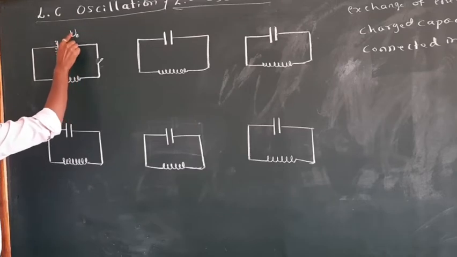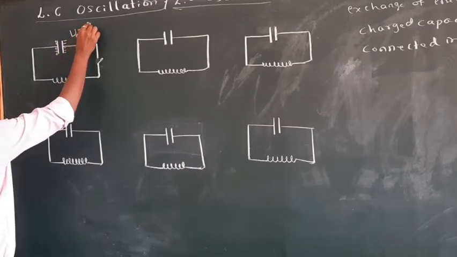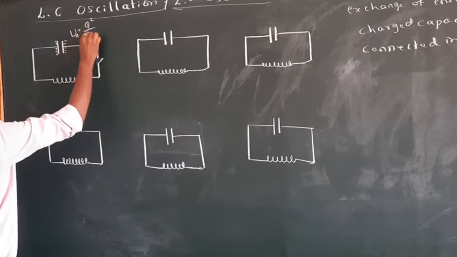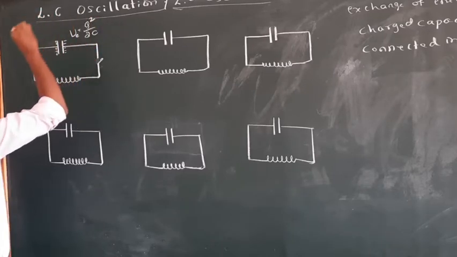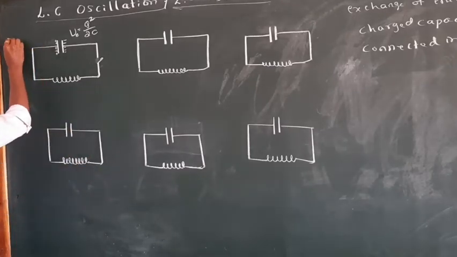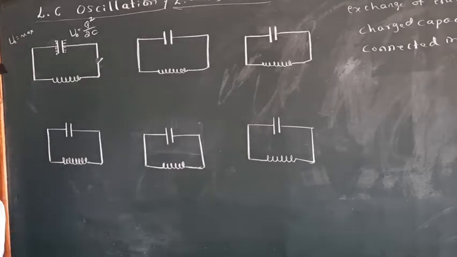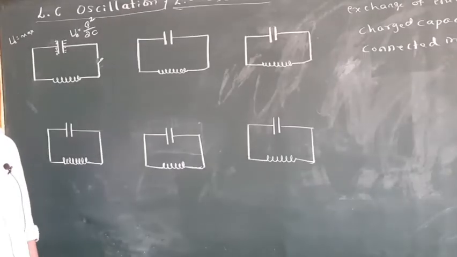Potential energy of a capacitor in the form of electric energy UE is equal to Q square divided by 2C. Now the maximum energy UE is maximum. The entire energy is stored in the capacitor as electric potential energy.